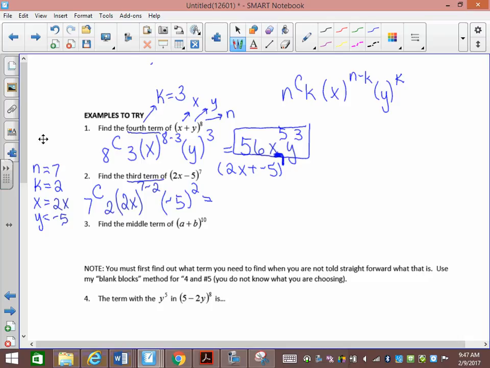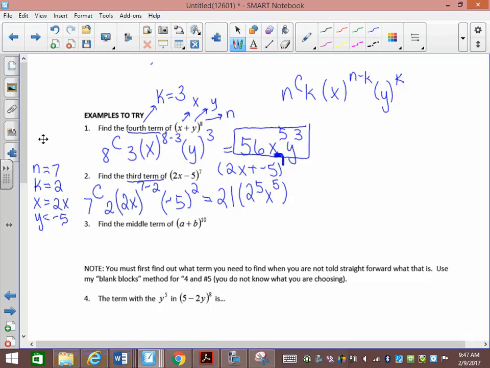What's 7C2? 21. So we're going to get 21 times, now 7 minus 2 is what? 5. So we're going to have to go 2 to the 5, x to the 5. Common error is not putting that coefficient to the actual exponent, okay? 2 to the 5, x to the 5.